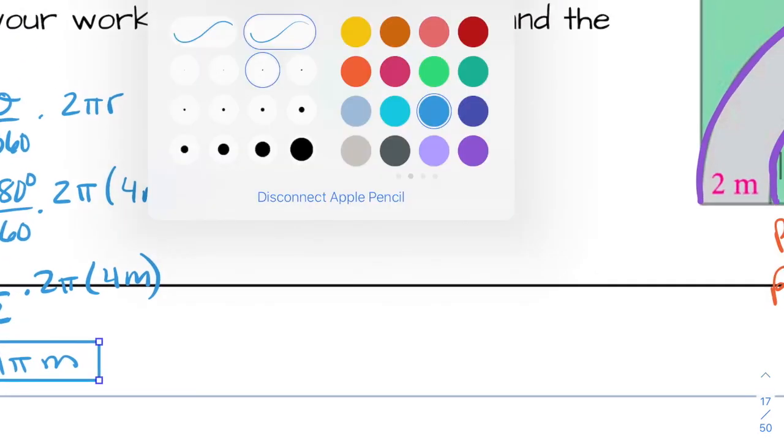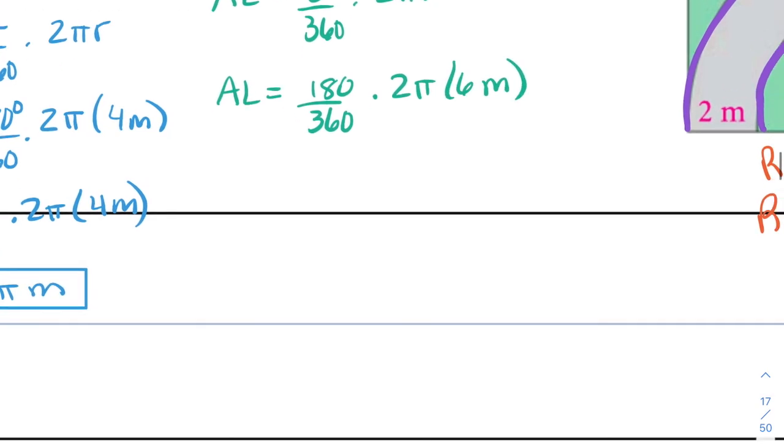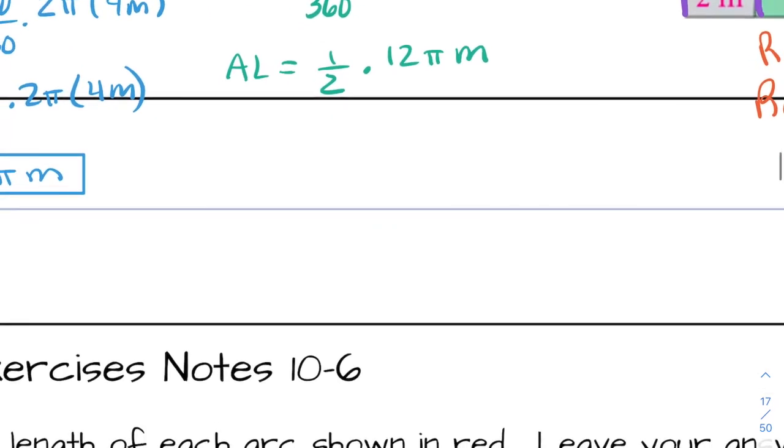The next one, arc length equals 180 over 360 times 2 pi 6 meters. So arc length equals half of, let's just combine that, 12 pi meters. So half of 12, 2 times 6 is 12, yep, so half of 12 is 6 pi meters.